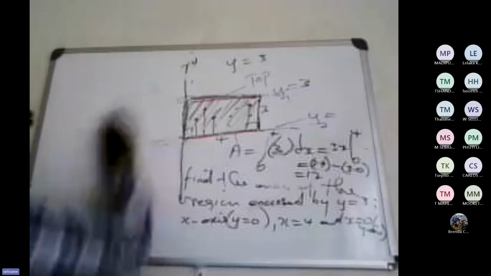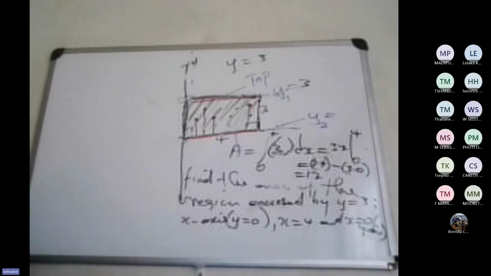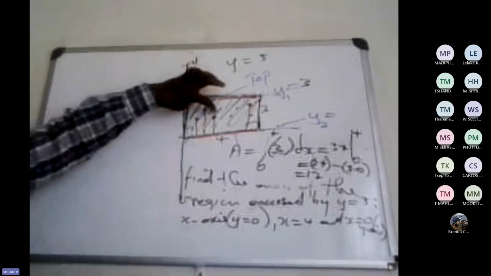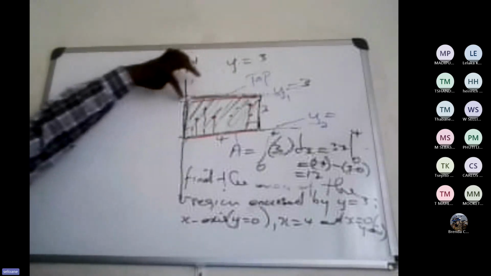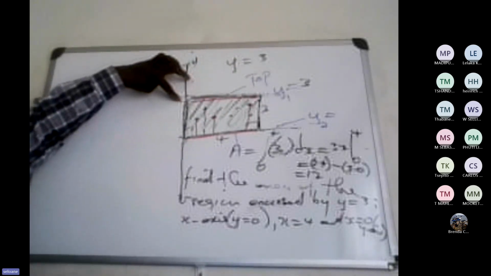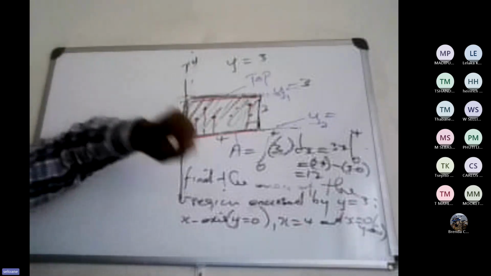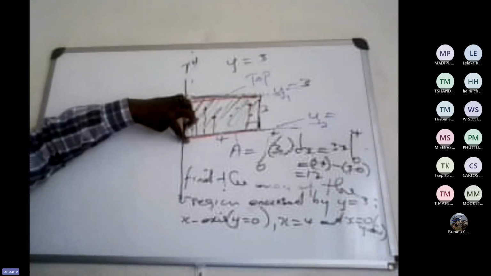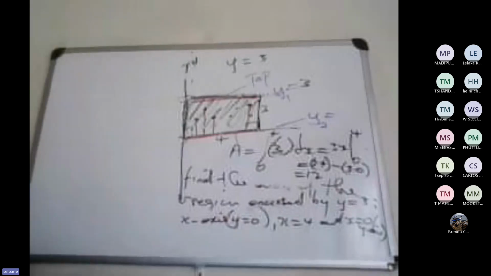Let us look at it from a different approach. Although it's not necessarily a different approach, but now look at it. We have said if your region is enclosed by one function on top and one function at the bottom, then you integrate with respect to x.